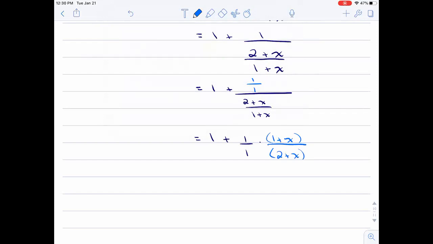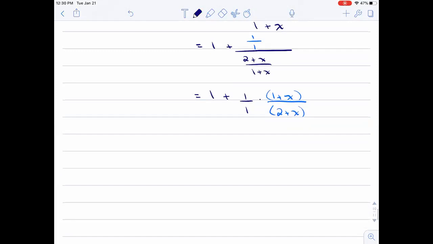Oh, now we're multiplying fractions, which we can just multiply across, that's fine. And so what we get here is 1 plus 1 times 1 plus x is 1 plus x, over 1 times 2 plus x is 2 plus x.